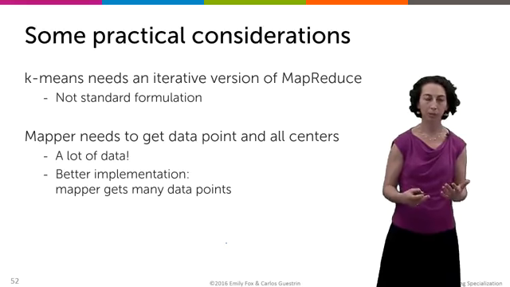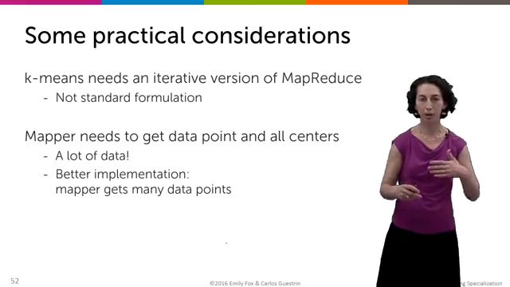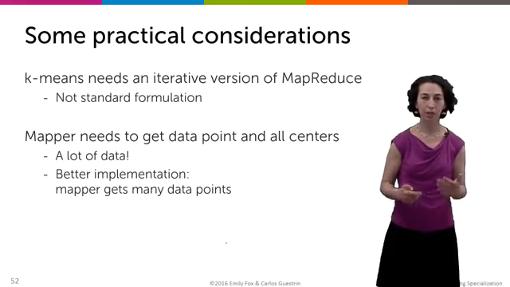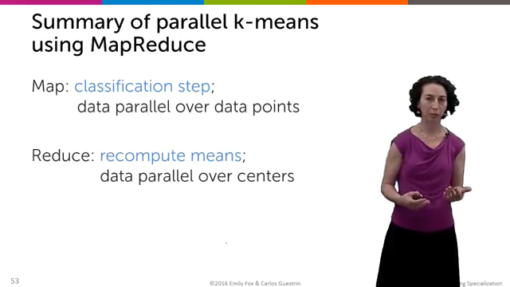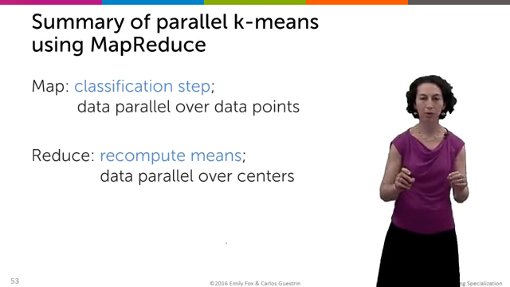So a more efficient implementation is, per mapper call, give a whole set of data points to classify. So a whole set of points to plow through. And so that would be a much more efficient implementation of MapReduce for k-means. But to sum up, the steps that are involved in k-means fit really nicely within this MapReduce framework, where the map step corresponds to our classification step, which is data parallel over our data points, just assigning data points to cluster labels.